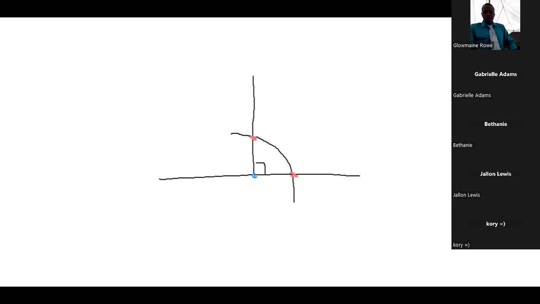Kind of hard to get the dot. So we just use those 2 points as a center. And then from each of those points, you would draw an arc. And where those arcs intersect, you draw a line from the origin, which is that blue spot, through those intersecting points.